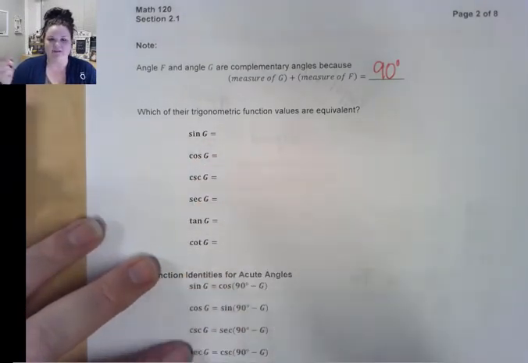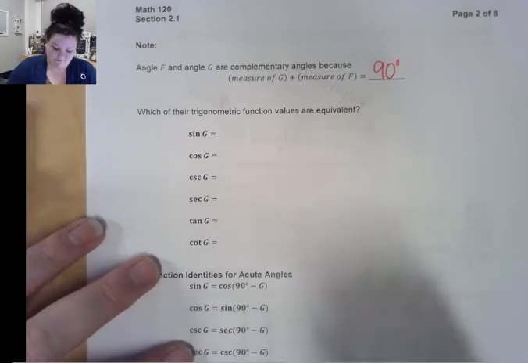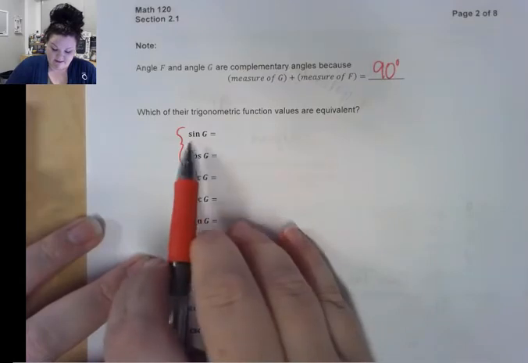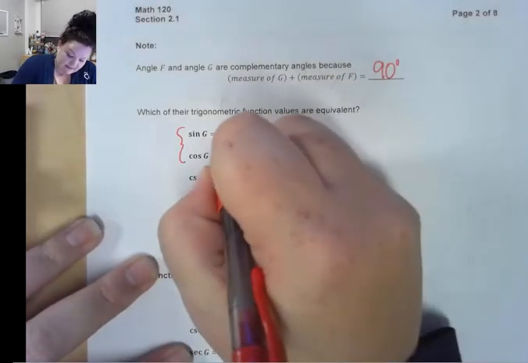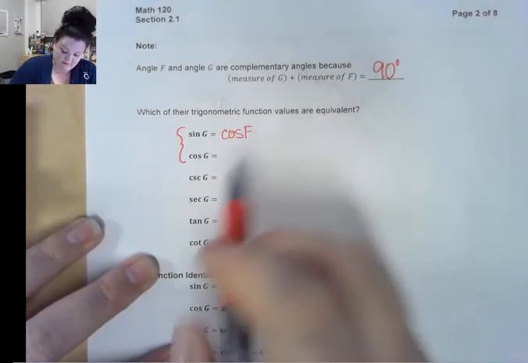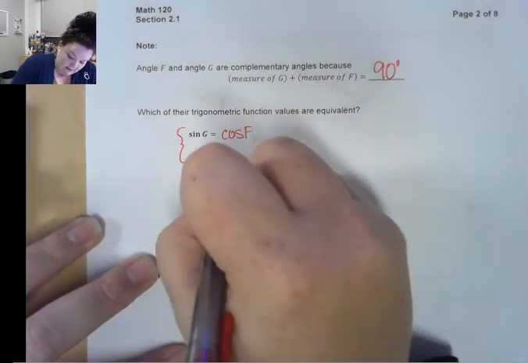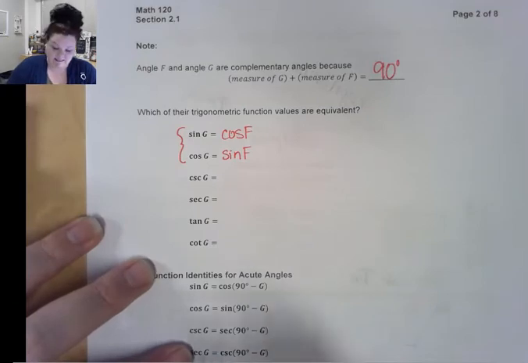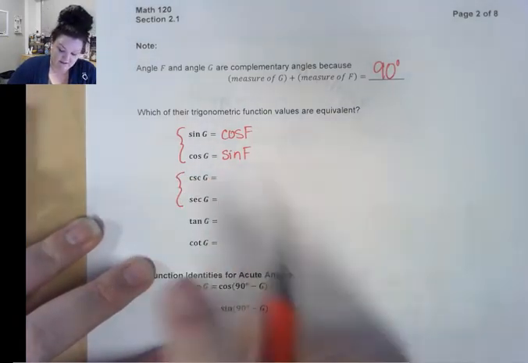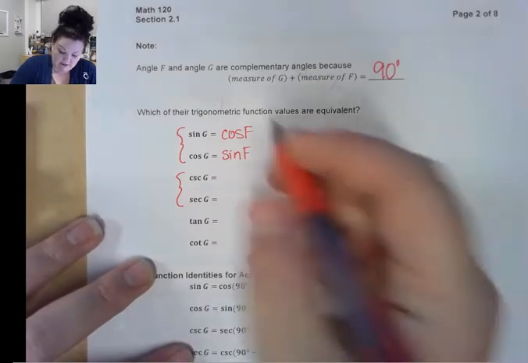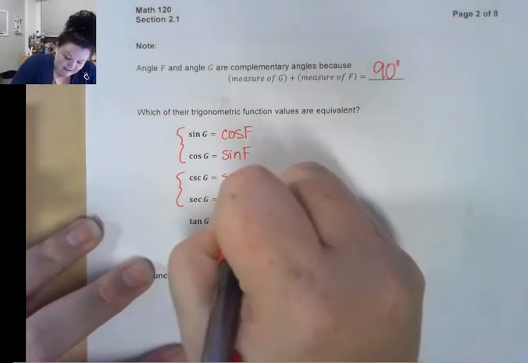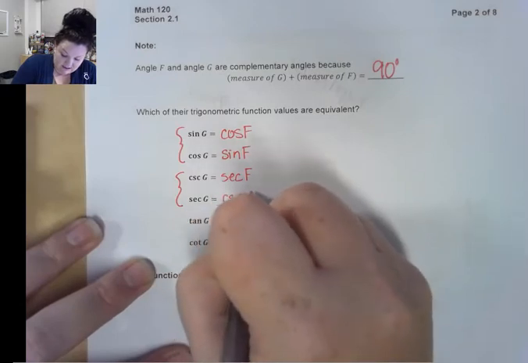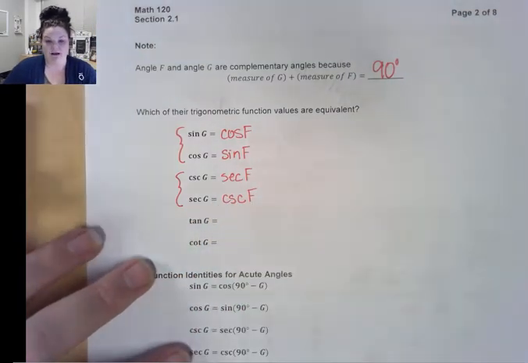Now I'm going to pair them to match the X's that I wrote on the first page. So we know that sine and cosine go together. So that means that sine G is equal to cosine F. Cosine G is equal to sine F. And then we know that cosecant and secant go together, right? Cosecant G is equal to secant F, and secant G is equal to cosecant F, okay?